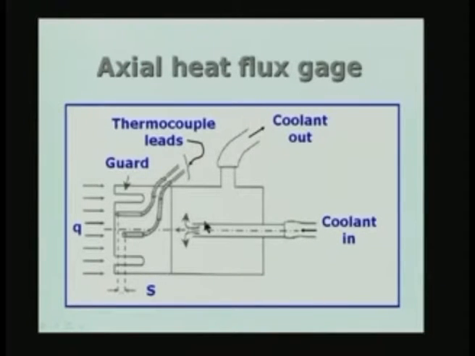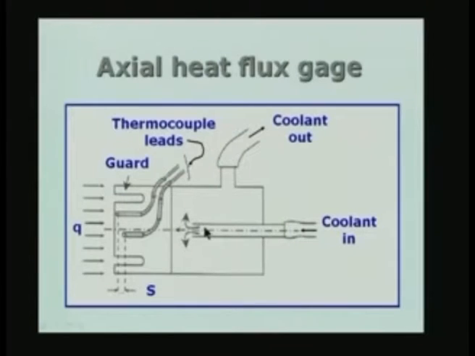For example, the coolant can be either air or water. In many cases air is a possibility, and as we will see in a little while, the coolant enters here axially through this pipe, impinges in the form of a jet on the backward surface of the probe and leaves from the tube attached to the side.